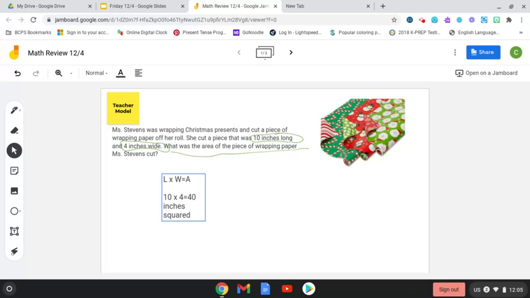Area squarea. When you give the area of something, it must always have squared with it, okay? Your answer always has to have square inches or square centimeters or inches squared or centimeters squared, whatever your unit is, must give it in squared units, okay?